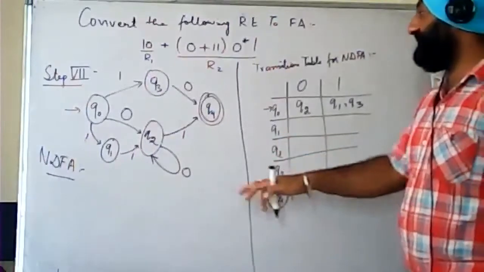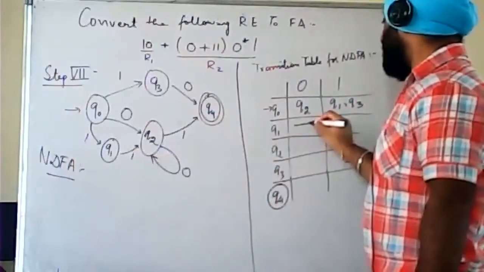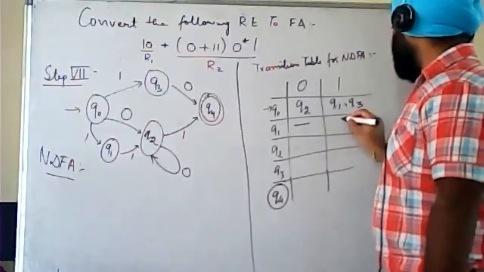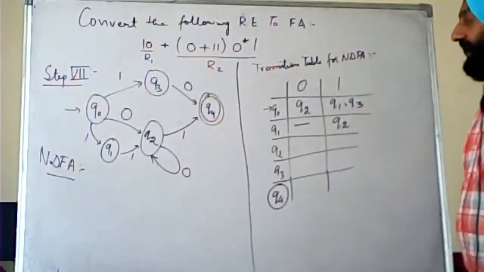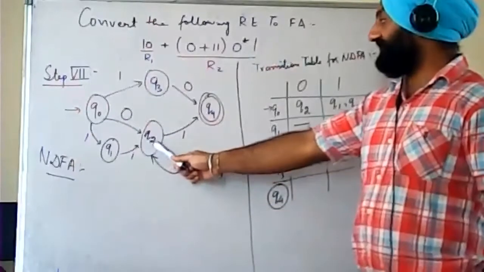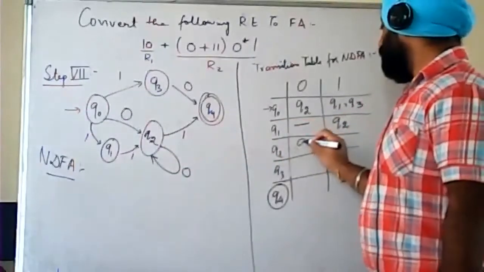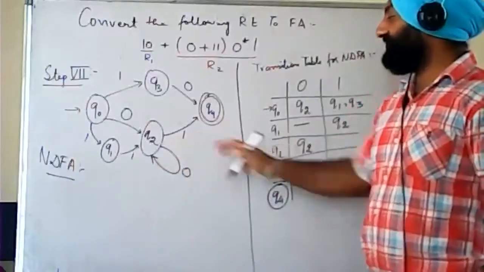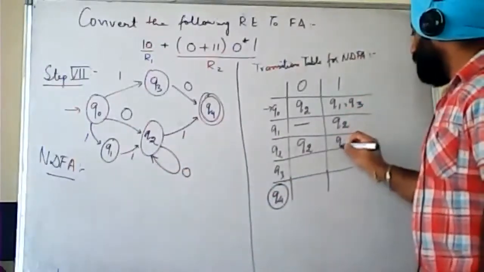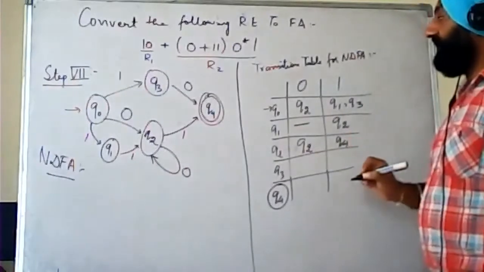Q1 upon the processing of 0 is going to dash. Q1 upon the processing of 1 is going to Q2, and Q2 upon the processing of 0 is going to itself. A self loop is there, and upon the processing of 1 it is going to Q4.